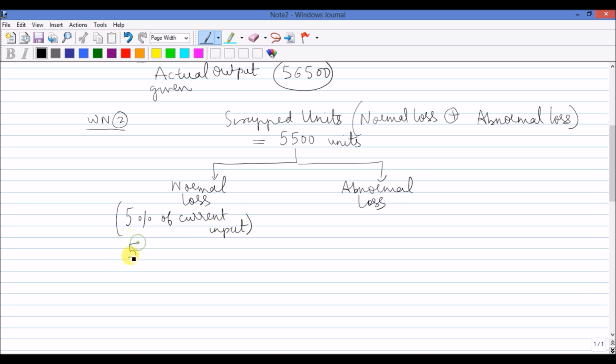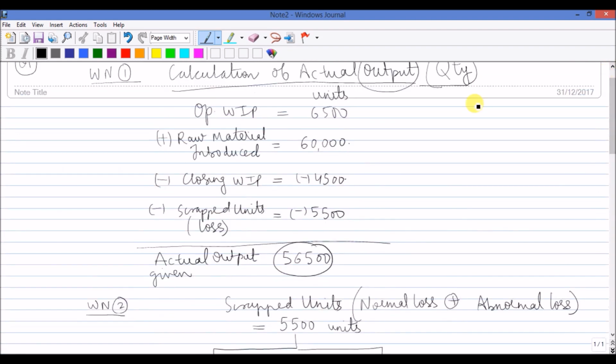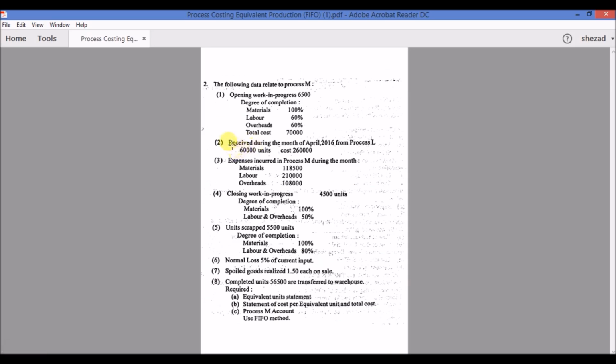So 5% means 5 on 100, and your current input is the raw material introduced, which is 60,000 units. In the question, this is what was received during the month of April from process L, that is 60,000 units.